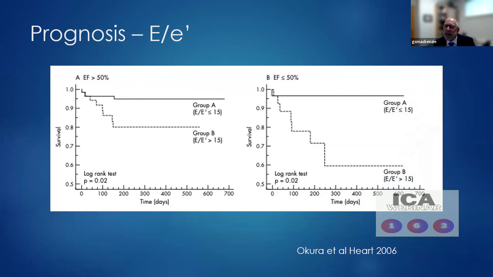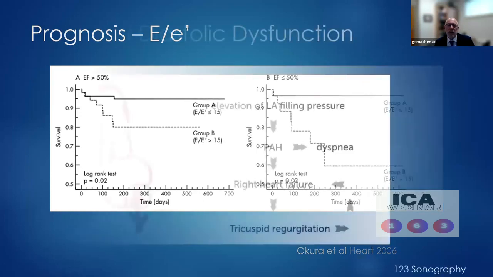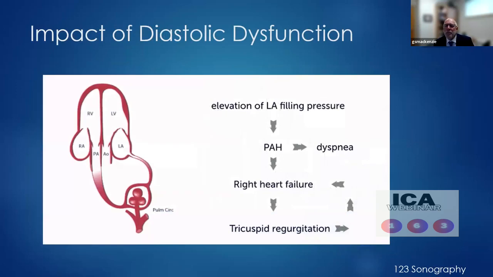And you can see that an E to E prime greater than 15 in both groups here was associated with a much poorer survival, particularly in the group on the right-hand side of the screen here with a reduced ejection fraction. And this study found it was a very strong predictor of mortality. And this again highlights the importance of echo in not only establishing the diagnosis of HFpEF, but also in the prognosis for both patients with preserved and reduced ejection fractions.